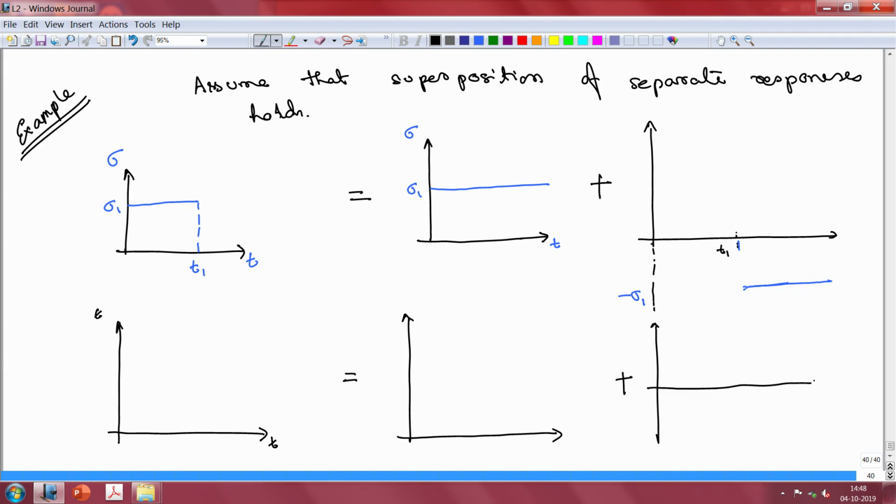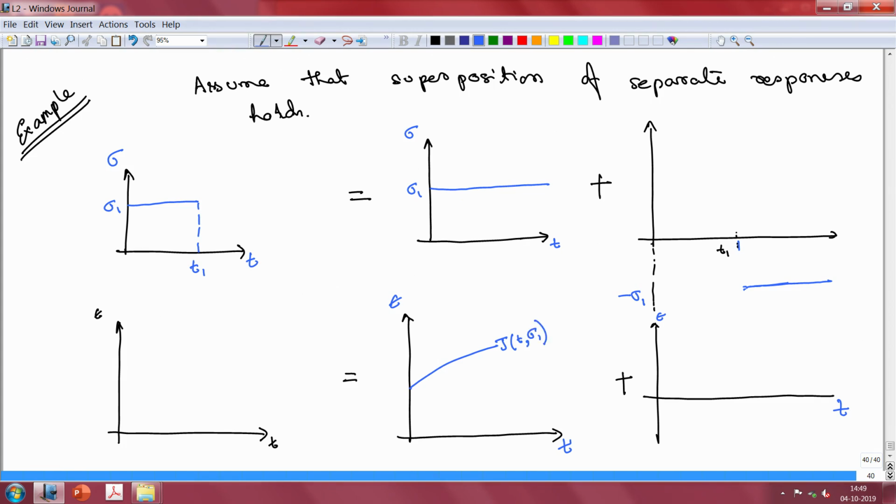For the first graph, we know the response, and that is simply the curve J(t, sigma 1).